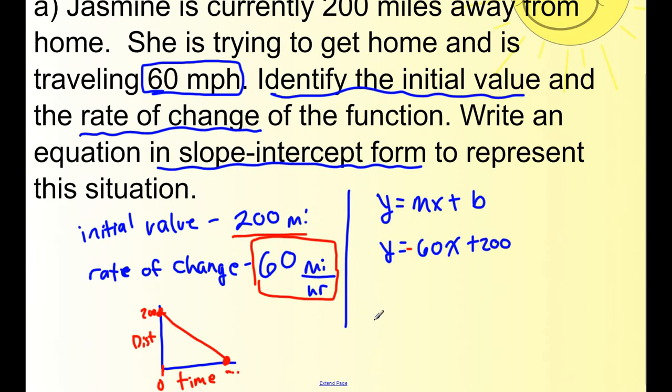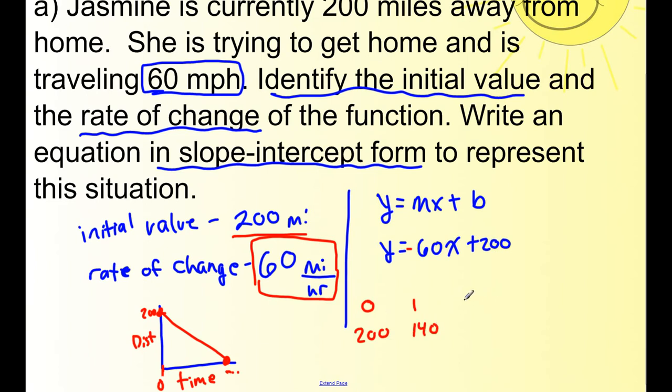So imagine she starts off 200 miles away from home at 0 hours. At 1 hour, well, how far away from home would she be? She would be 60 miles closer than that 200, so 200 minus 60 gives you 140.